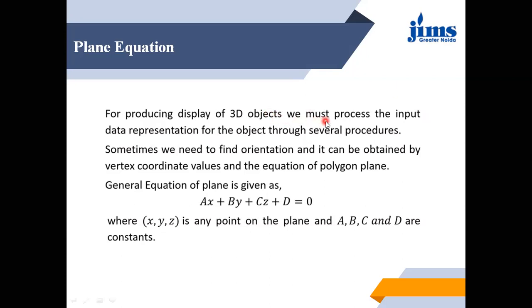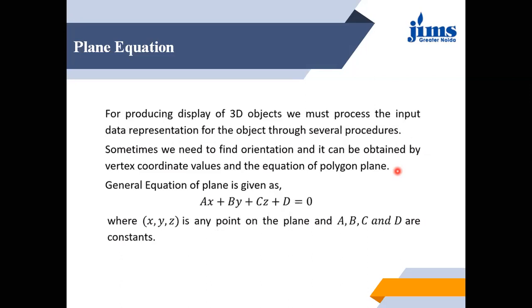We must process the input data representation for the object through several procedures. Sometimes we need to find orientation, and it can be obtained from the vertex coordinate values and the equation of the polygon plane. As we know, the equation of a line is ax plus by plus c equals 0.